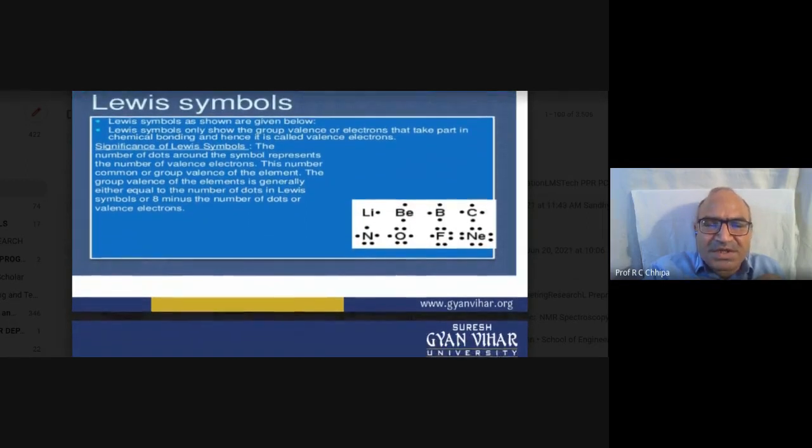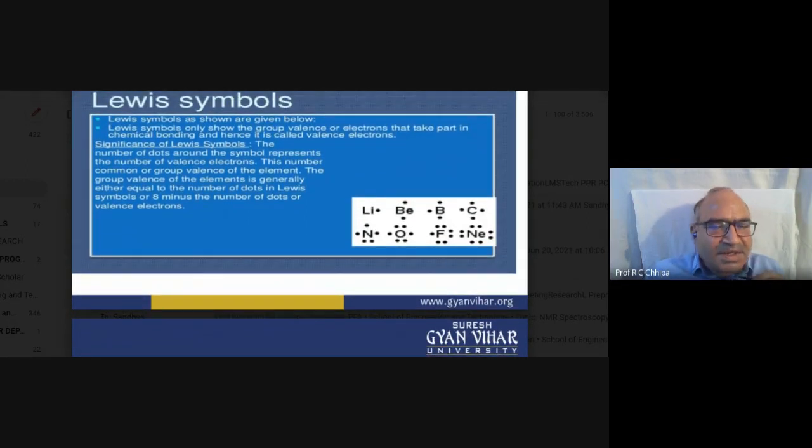So here we can easily get the relevance of chemical bonding. Now, the significance of the Lewis symbol: it is an electronic dot structure, and the number of dots around the symbol represents the number of valence electrons.